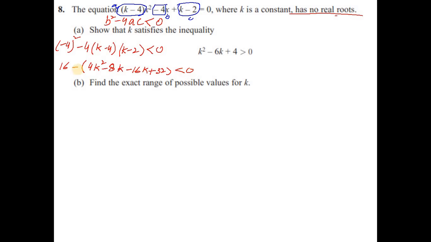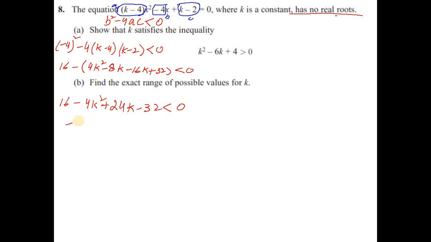Now if you open the bracket with the negative sign, you have 16 minus 4k squared and minus 8k minus 16k minus 24k, and this minus becomes plus 24k, and then minus 32 less than 0.